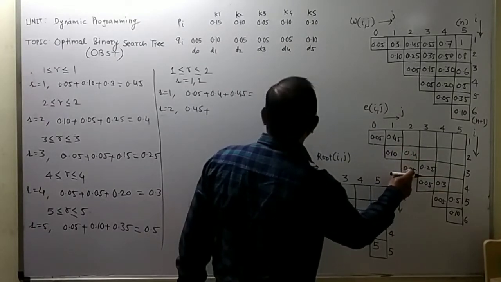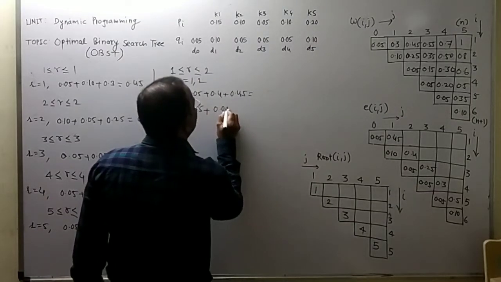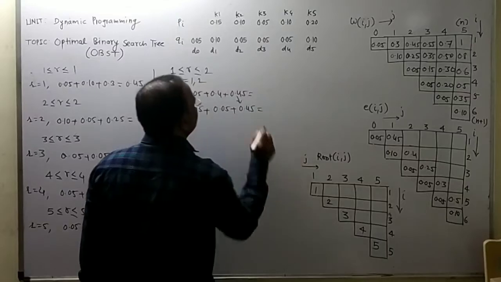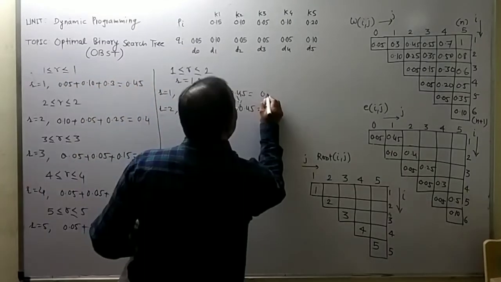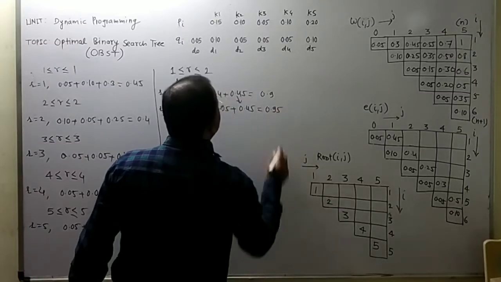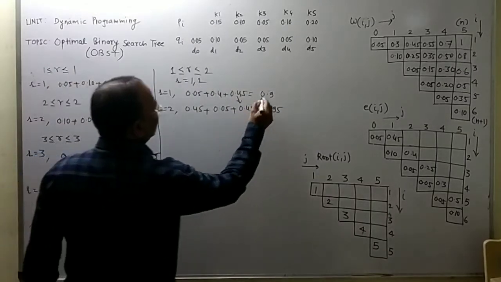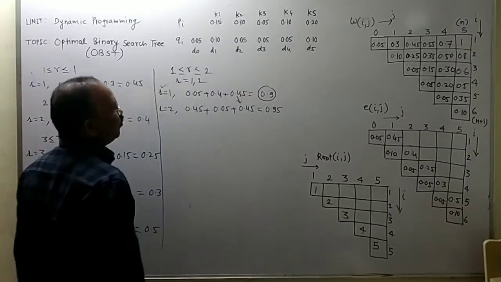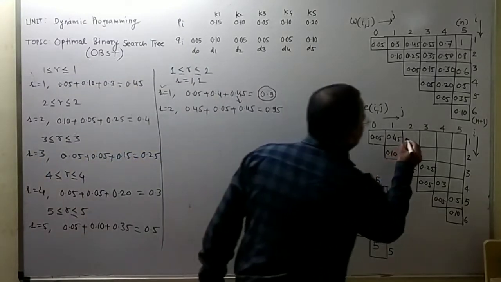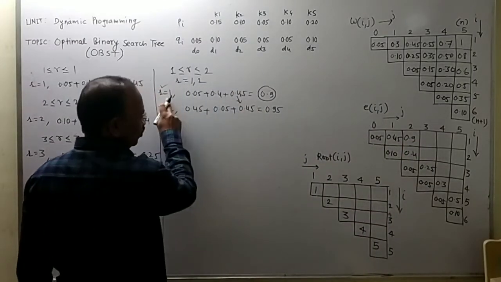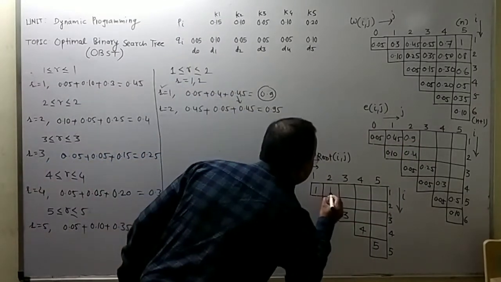Now refer 0.05 plus 0.45 is equal to 0.95. So out of this, minimum is 0.9 for R is equal to 1. Put 0.9 and we have got 0.9 for R is equal to 1. That's why I write here 1.